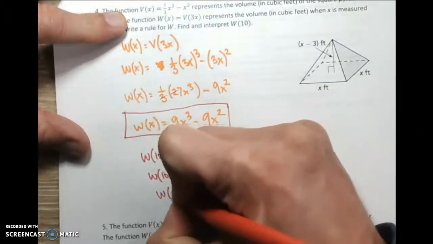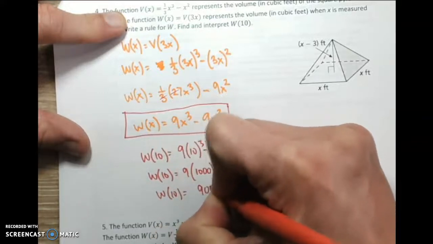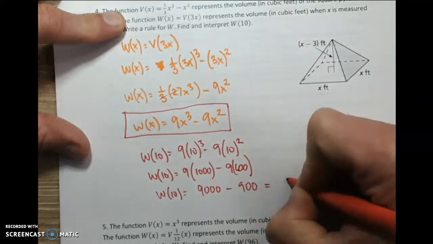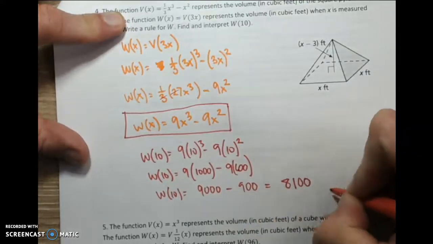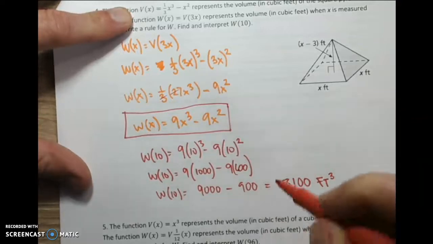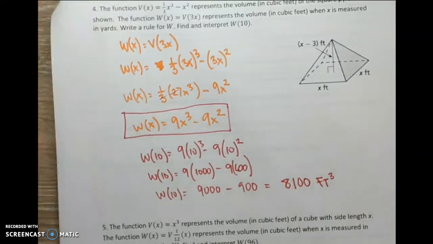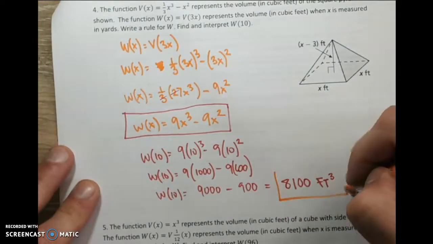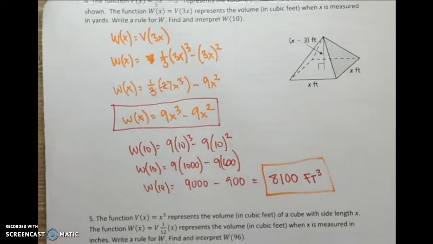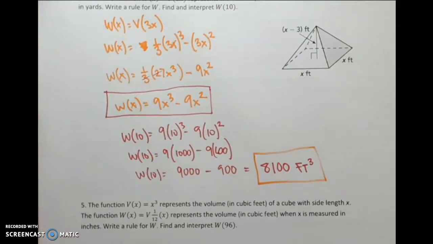And w of 10 equals 9,000 minus 900, which equals 8,100, and that is going to be feet cubed. And that's really the answer I'm looking for right there. Okay. Hope that makes sense.